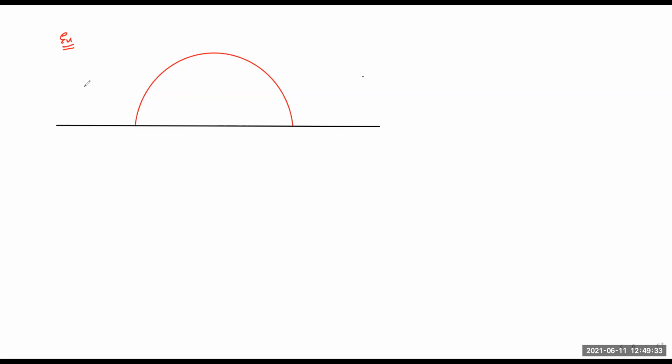Question number 2. Solve question number 2. I have sent you the PDF in the group. A rectangle is inscribed inside the semicircle.